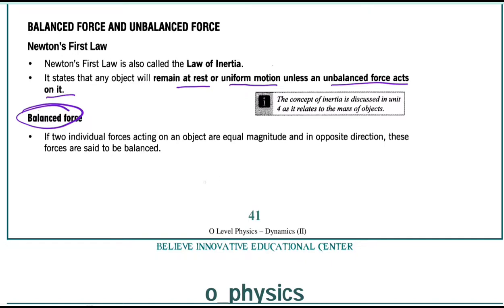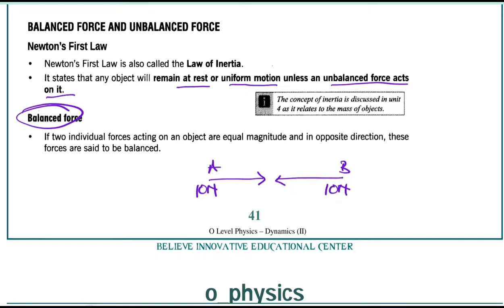Let's say we have force A and force B, two individual forces acting against each other. Let's say we have 10 newtons here, and here we also have 10 newtons, right?